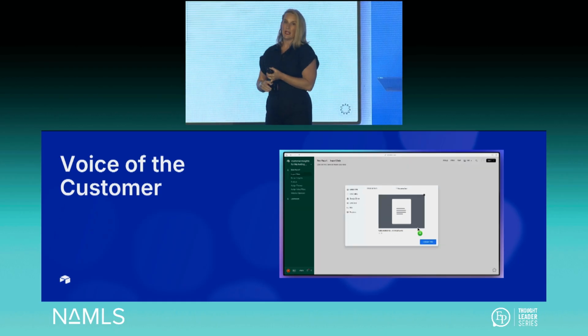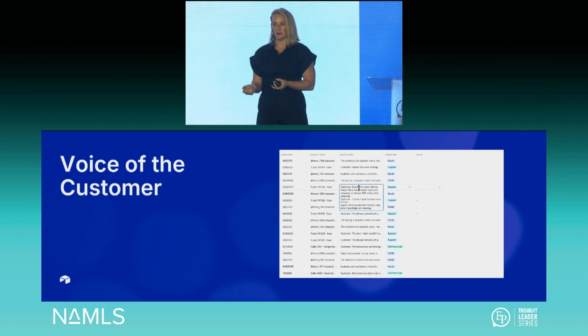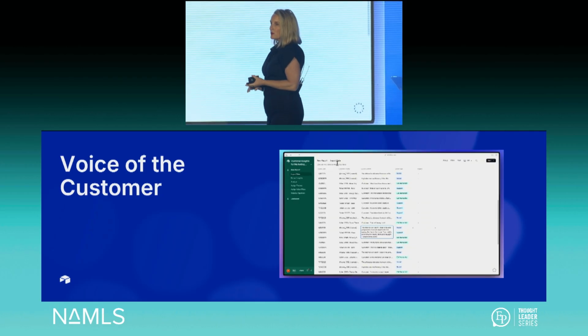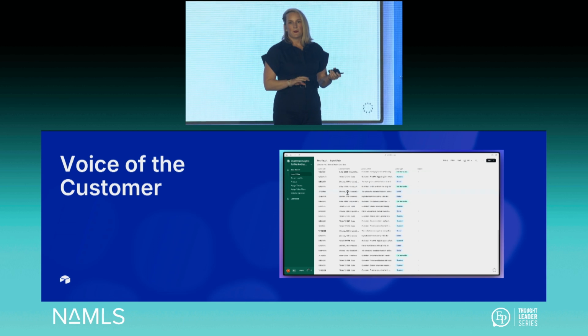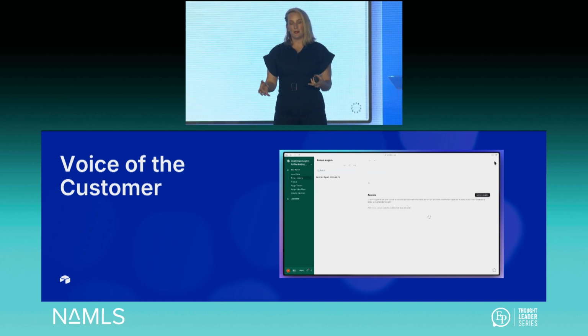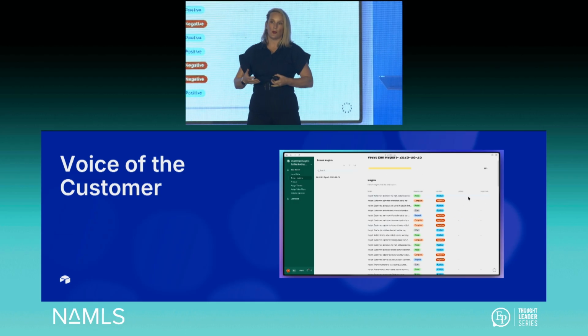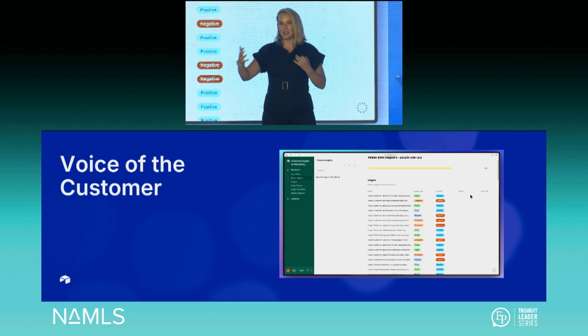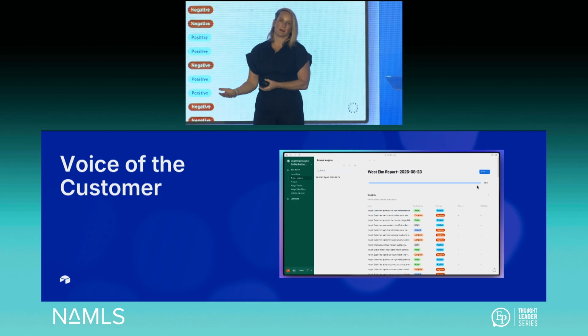You can create your own categories, or you can ask AI to create those tags. It will start putting where the source is. It will say if it's negative, if it's positive, if it's neutral, and then actually create these themes. You can have it align to your own value pillars as a marketing organization, your brand pillars, and identify where there is misalignment between your brand and what the customers are saying.